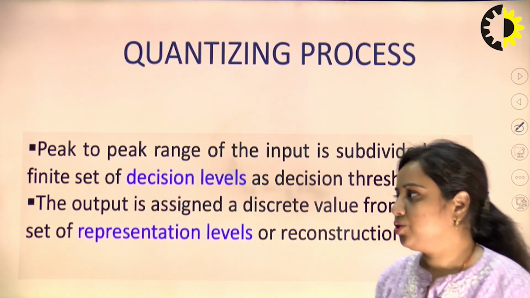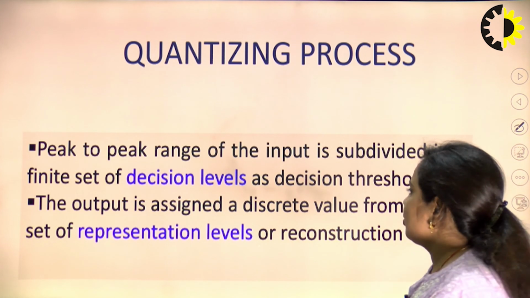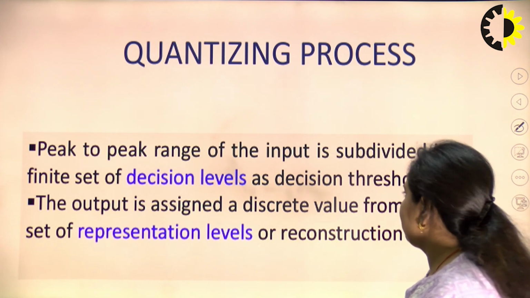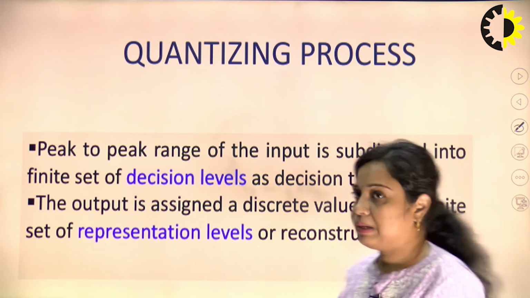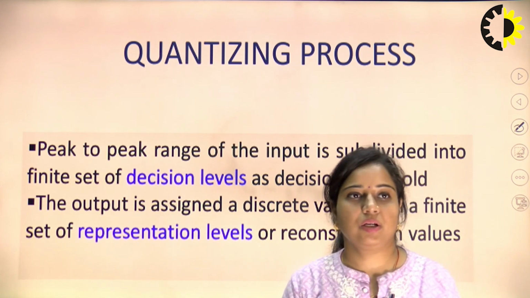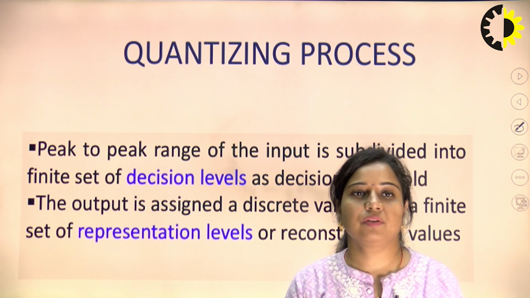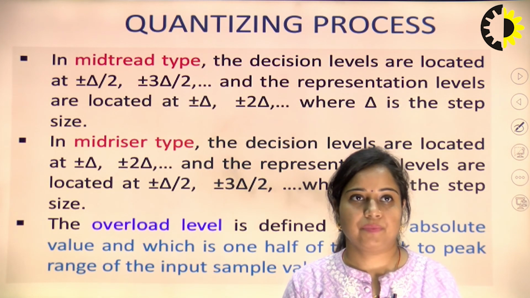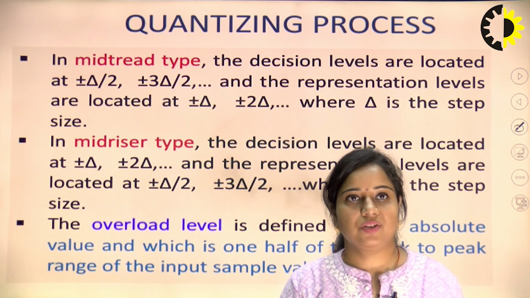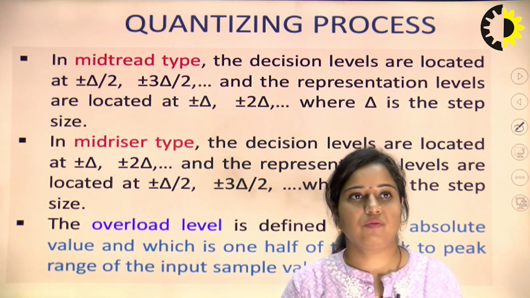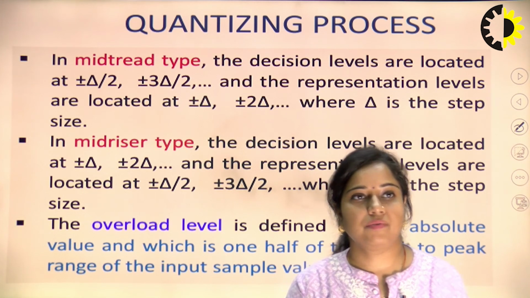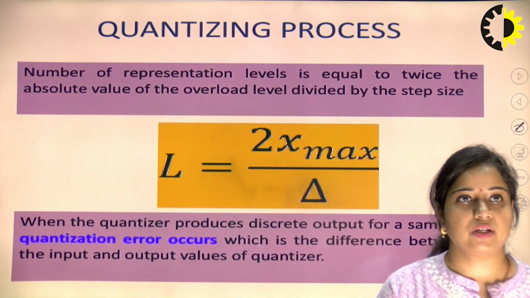Next is the quantization process. In the quantization process, the peak to peak range of the input is subdivided into different decision levels that we have already seen. So, it is just dividing into an equal number of steps. This is the quantizing process that we have already seen, the two different types of waveforms, that is mid tread and mid riser.